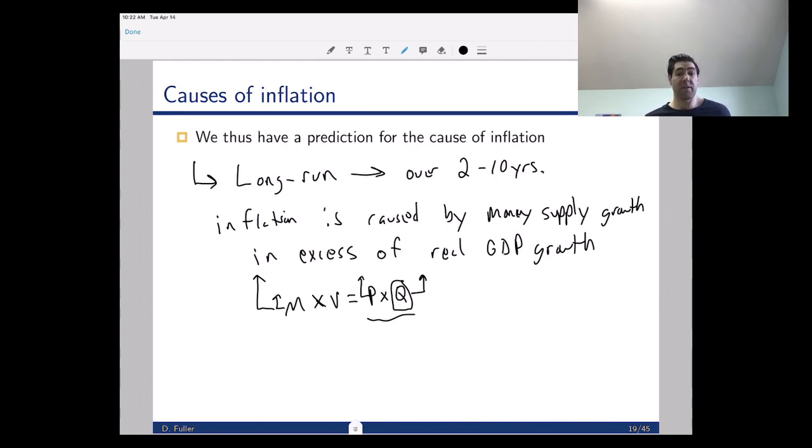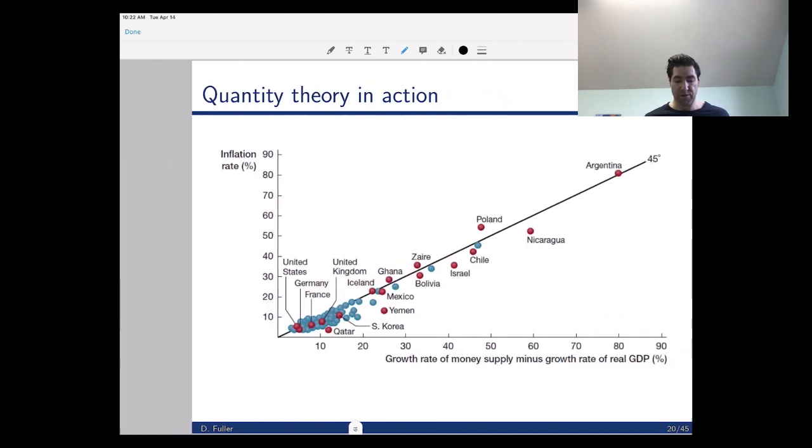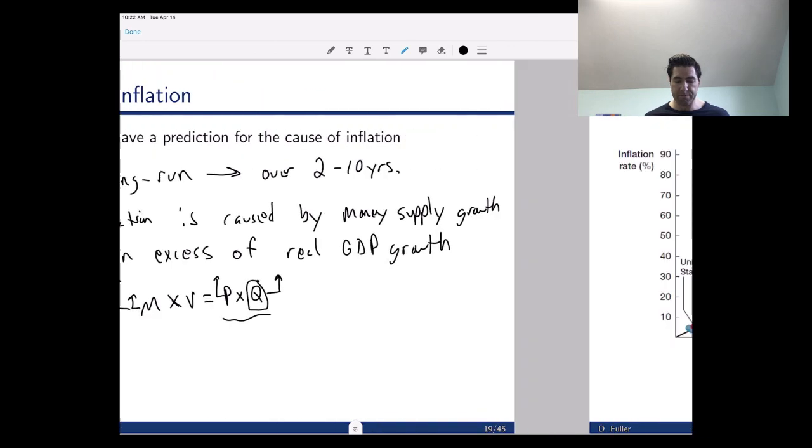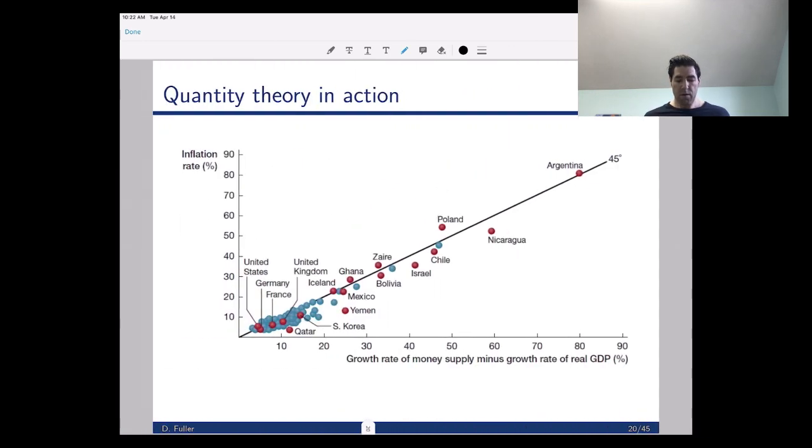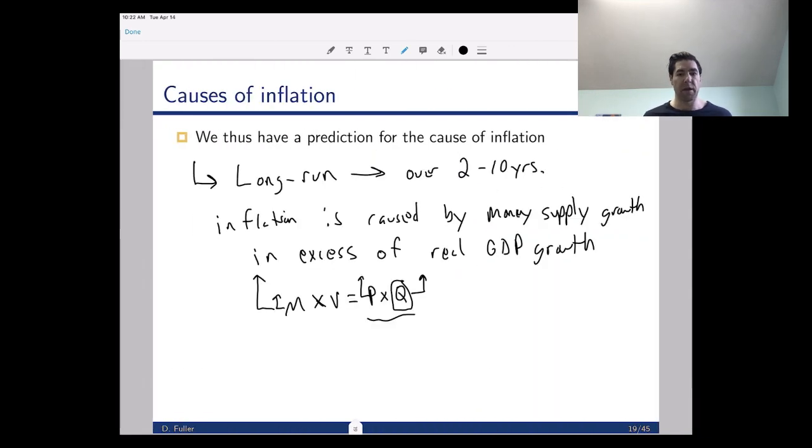And so what we see is that inflation very naturally over the long run is going to come from money supply growing faster than what the needs for money in real GDP quantities increasing have dictated. And so that's a really important relationship. And we'll kind of come back here in the next video to look at some data on this and to think about what ways in which this has gone wrong for different countries.